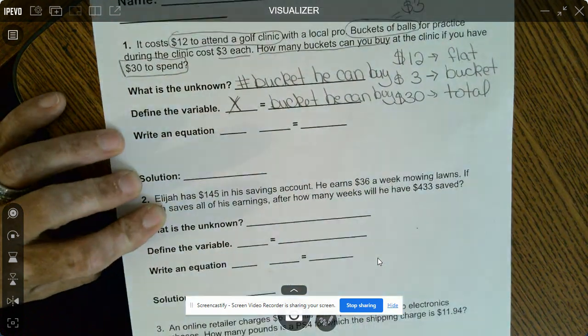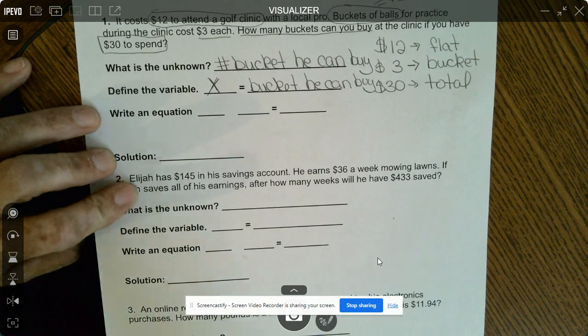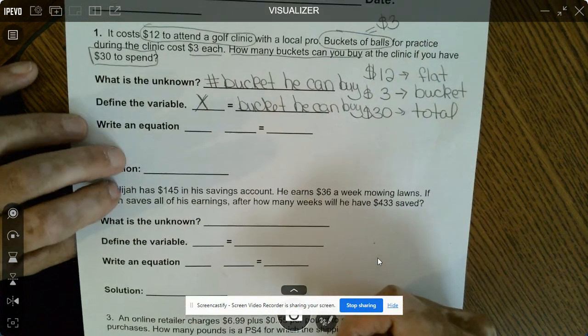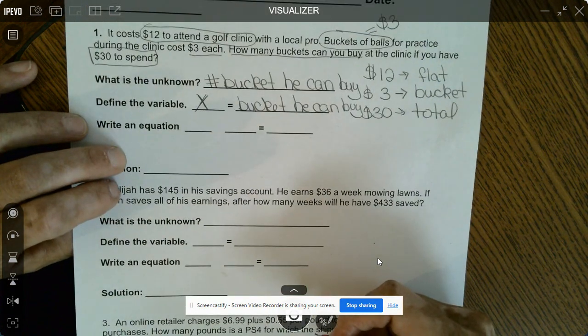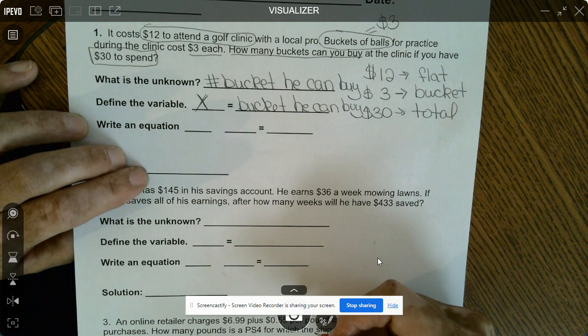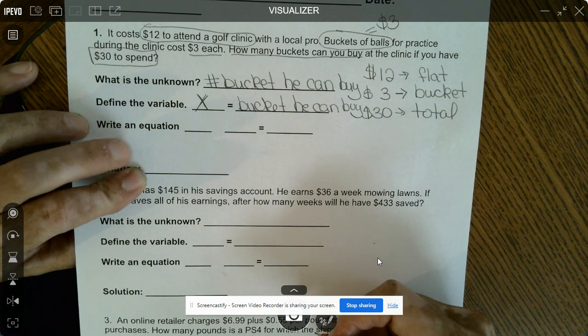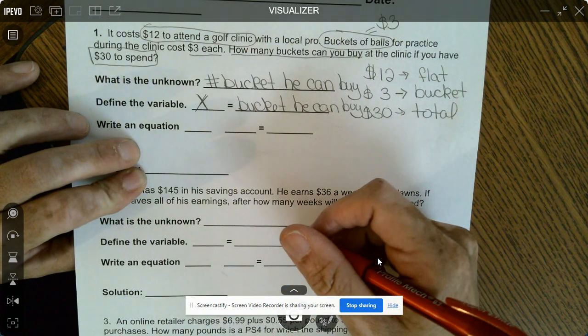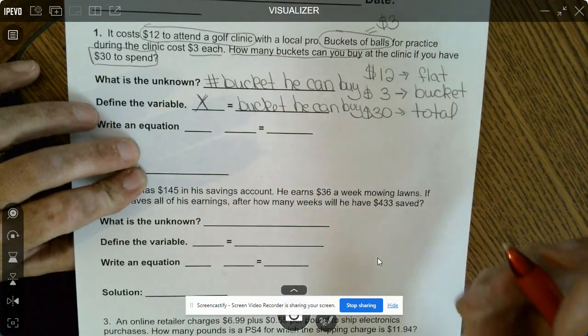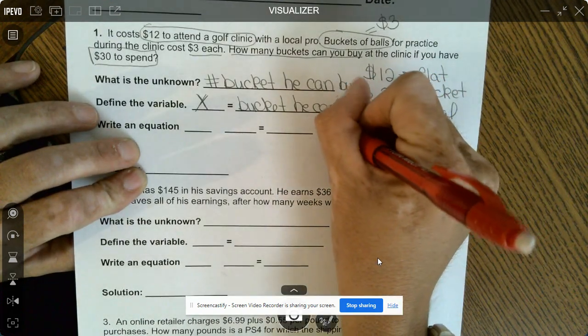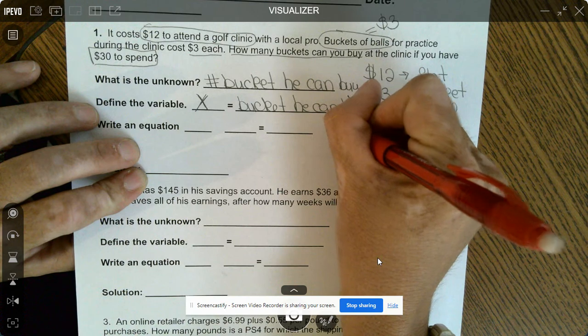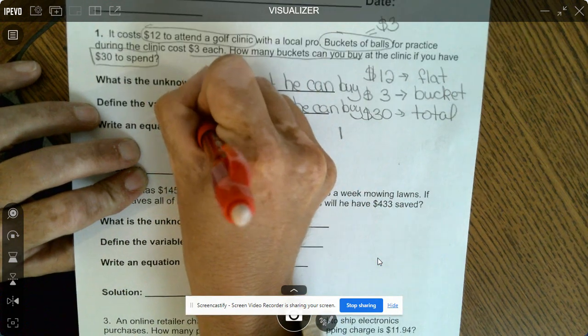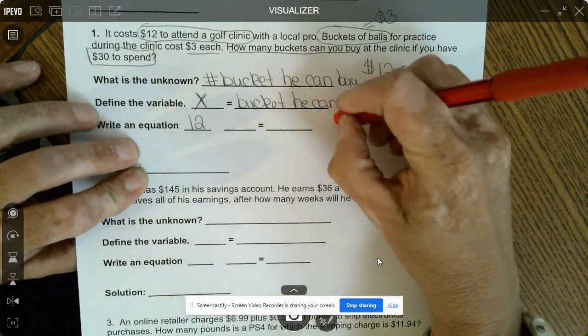All right, so we're going to go ahead and set up the equation, and then we're going to solve it. So how do we want to set it up? Do we want to set it up with the total? All right, and what does that $12 represent? And what else?